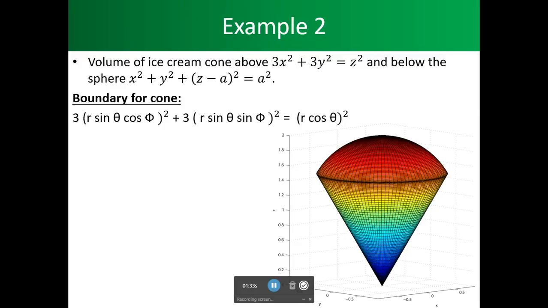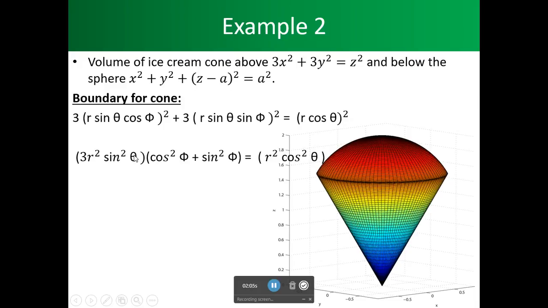Okay, so we're going to plug these values into our equation. The first thing we get is, we squared everything. We have the 3's. We can take a 3 out on the left side of the equation. We can take an r squared out.